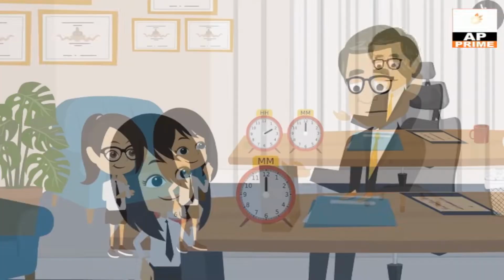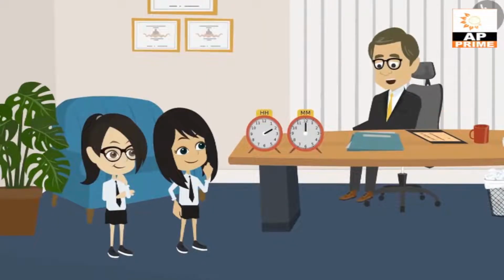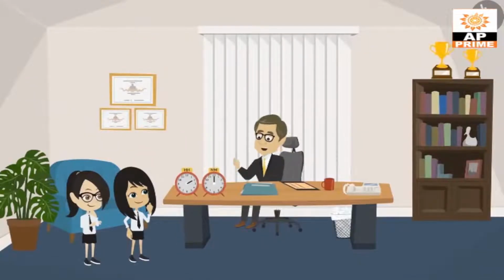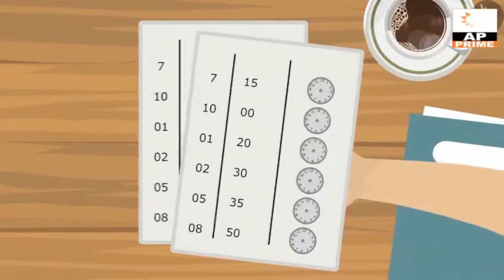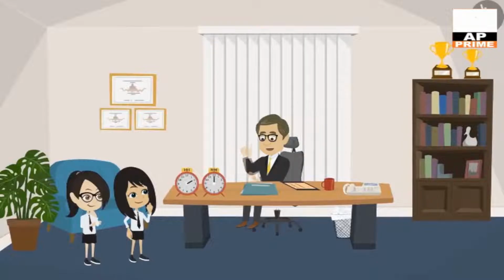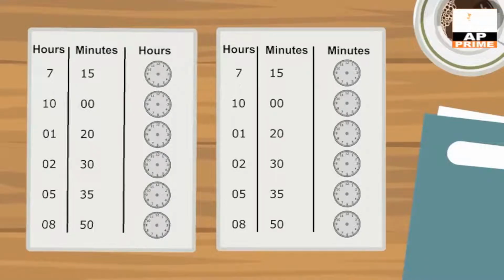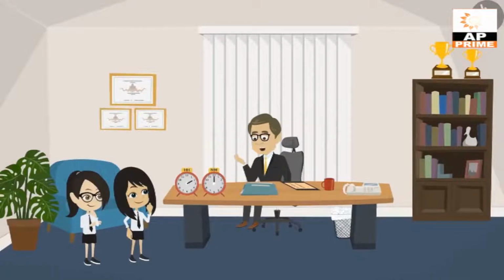Absolutely right, Neha. Now you have learnt to read the hour hand and the minute hand separately. Now I will give you one sheet each. Now draw the time given in the timetable I gave you in the clocks made on the sheet. When you will fill and bring it to me, then we will learn to write both hands together.